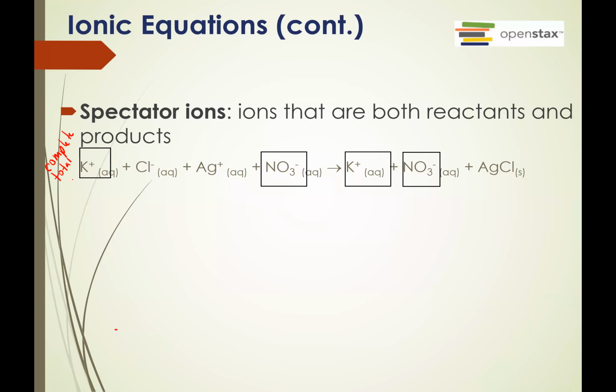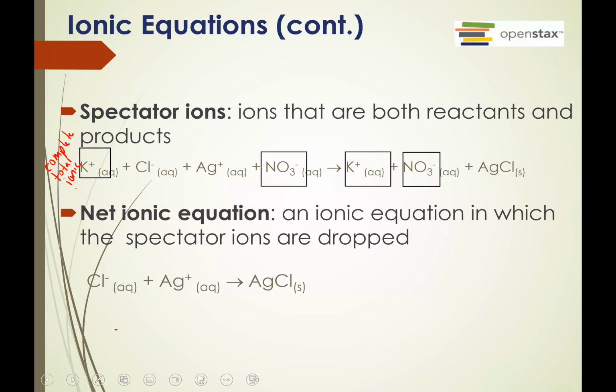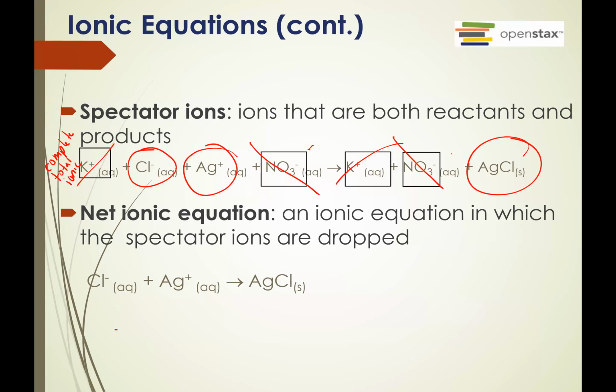I'm just going to use both names because they really are used interchangeably. What we do to get our next part is cross off the things that are exactly the same on both sides. The K is exactly the same, and the NO3 is exactly the same. What we have left is the Cl, the Ag, and the AgCl. This is our net ionic equation.